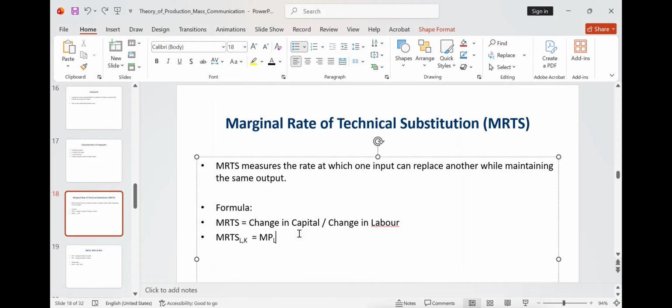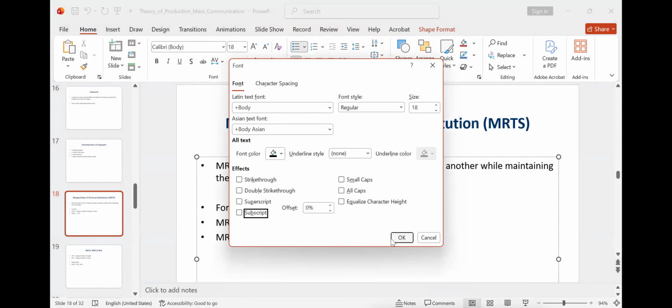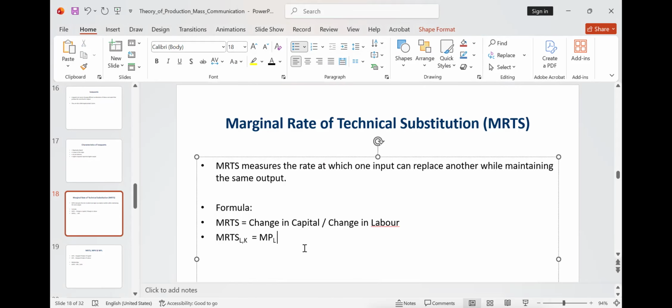I'm trying to make sure that that thing does not come in. So MPL divided by MPK.